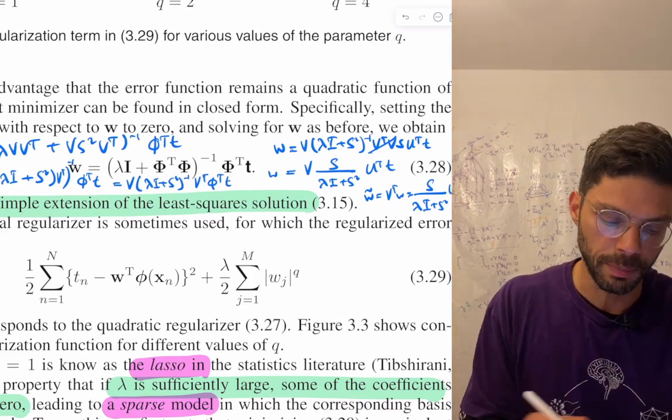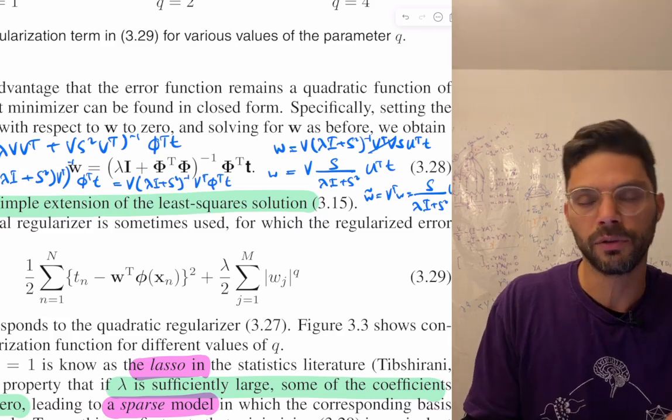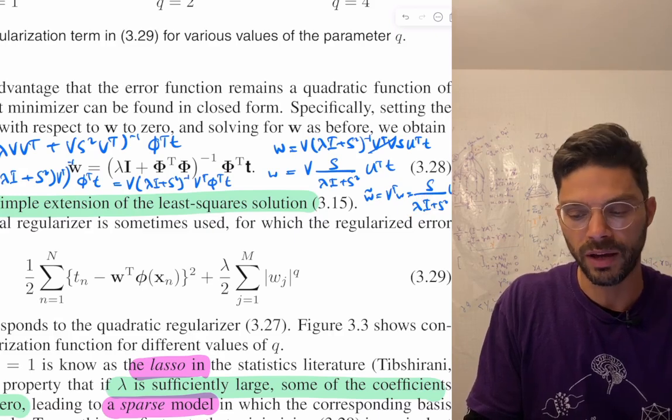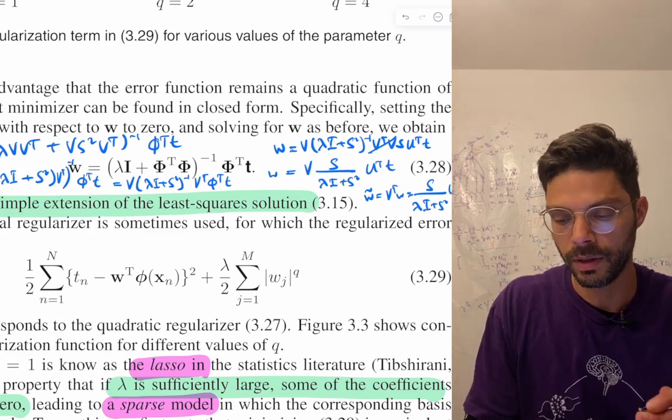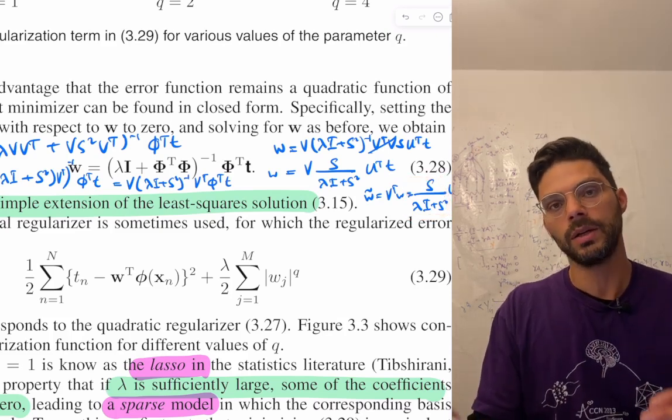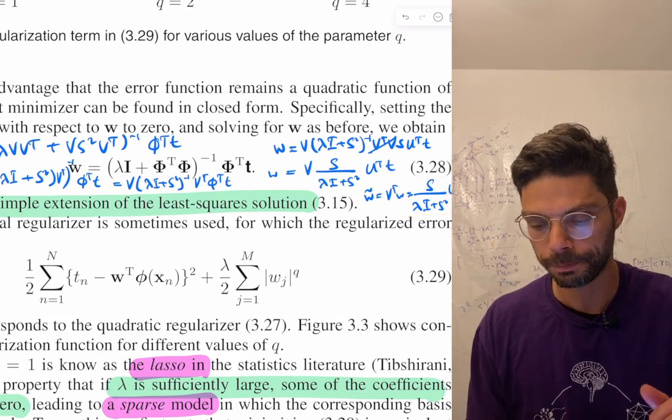Compared to the case where there's no regularization, where the w tildes would just be S over S squared U transpose t, we're now shrinking them down a bit more. So the larger lambda is, the more things are going to get compressed.